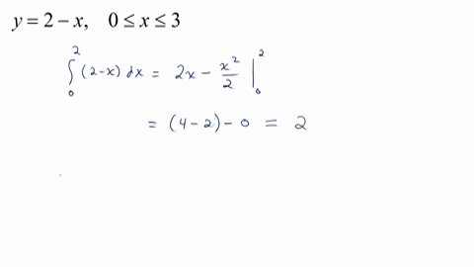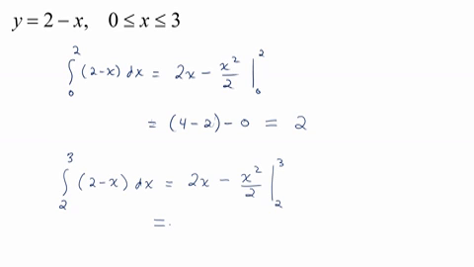Now the next definite integral will be from 2 to 3 of the same function 2 minus x with respect to x. So we would have the same antiderivative of 2x minus x squared over 2, this time evaluated from 2 to 3.